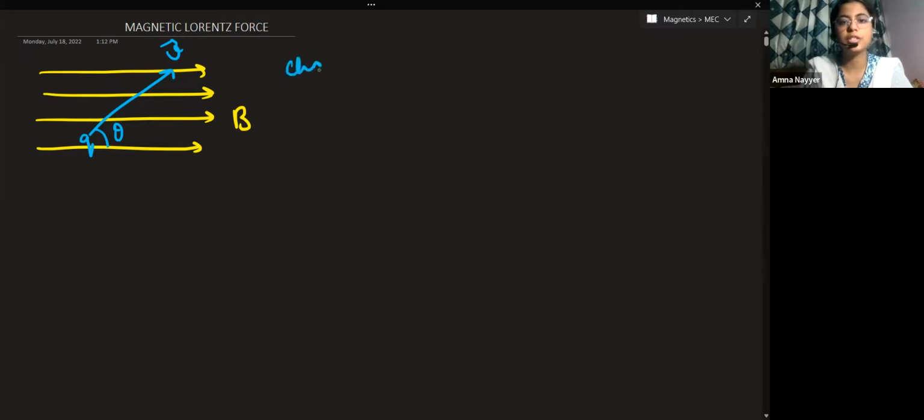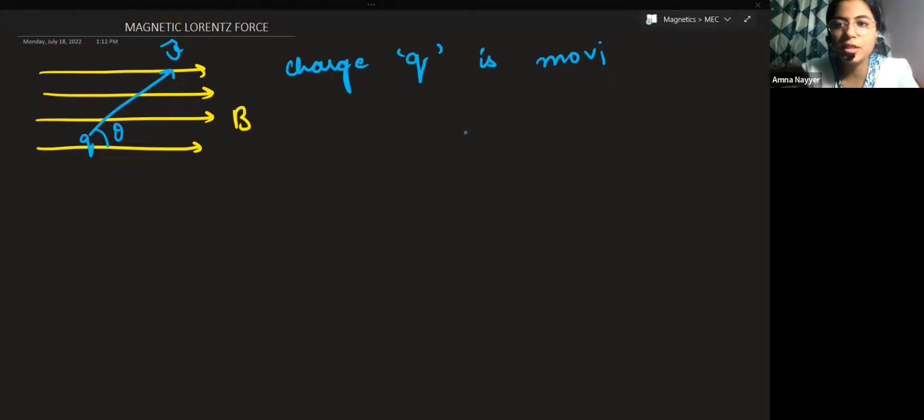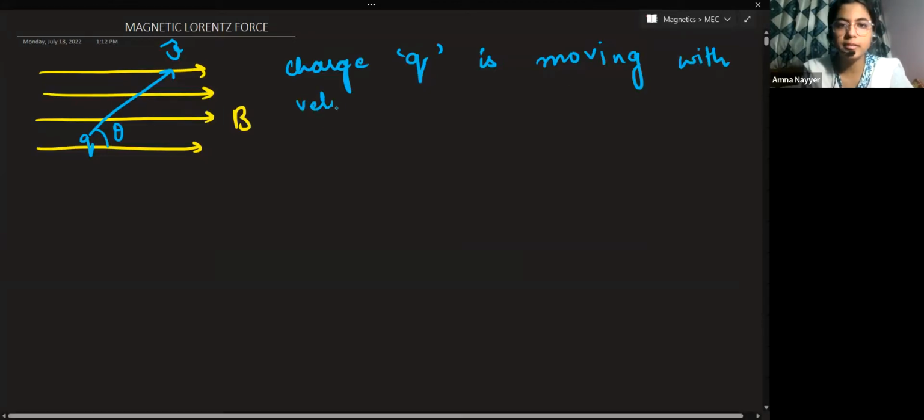I'll write these things down. Charge q is moving with velocity v in a uniform magnetic field.